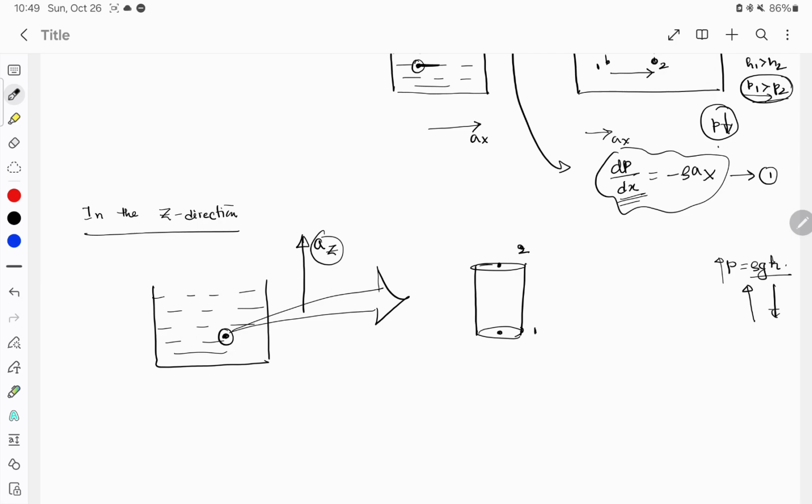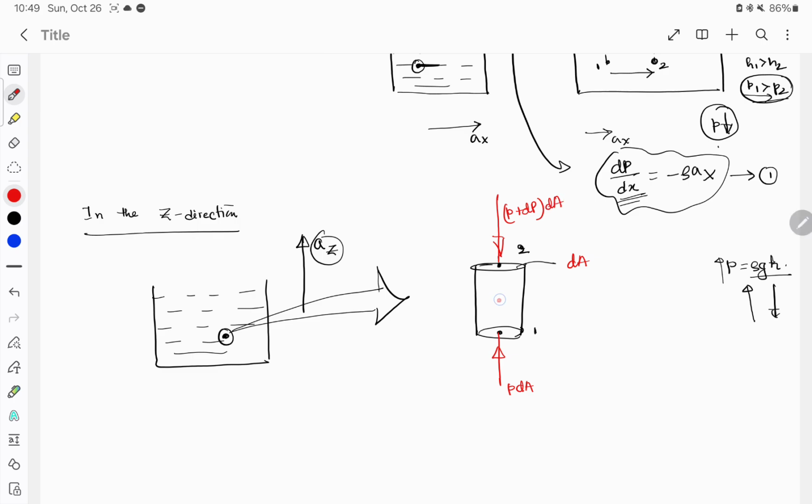First of all, we'll say this area is dA. So force on point element 1 will be P into dA, and on element 2 will be P plus dP. I am again considering dP. It might come out to be 0, it might not, but I have to make some difference between 2 points.